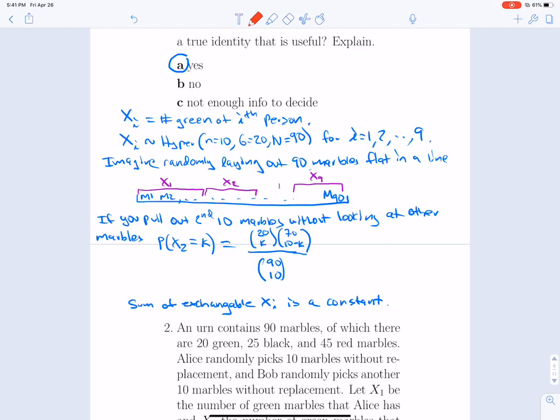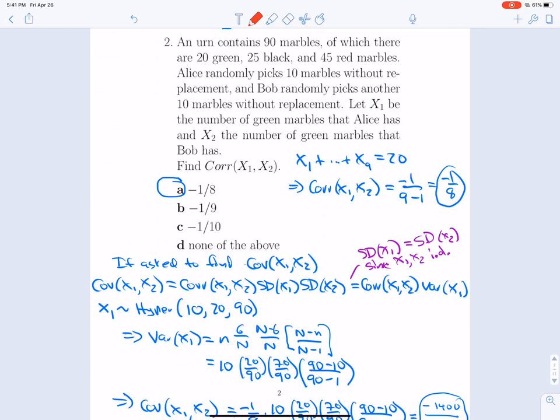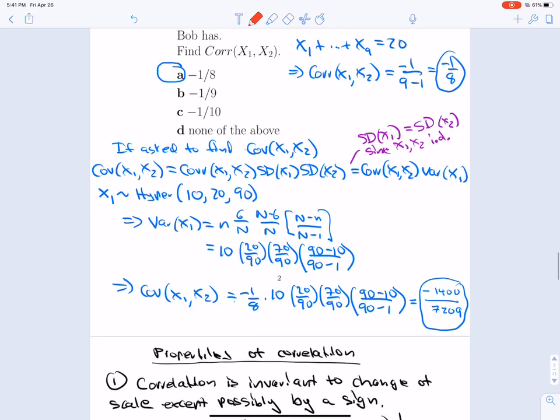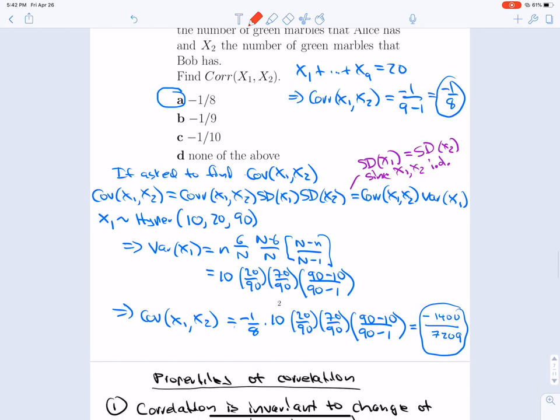So they're all identically distributed, and the sum of the exchangeable xi is a constant, namely 20. So we can just use the result from above to find the correlation. Since x1 plus x2 up to x9 is 20, the correlation is just minus 1/8. Now, if I asked you to find the covariance of x1 and x2, you could do this.